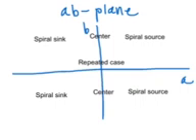So for example, when a is less than 0 and b is not 0, we have a spiral sink. That's both regions separated by the repeated case, but as long as b is non-zero and a is over here on the negative end, we have a spiral sink.